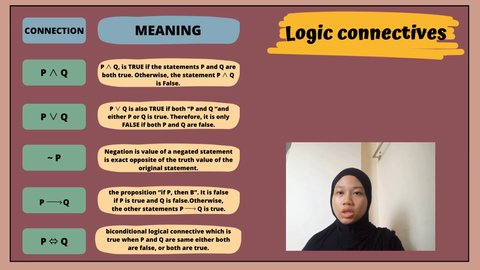The proposition if P then Q is false if P is true and Q is false. Otherwise, the implication is true. The last connective is the biconditional. Biconditional is the logical connective which is true when P and Q are the same, either both are false or both are true.